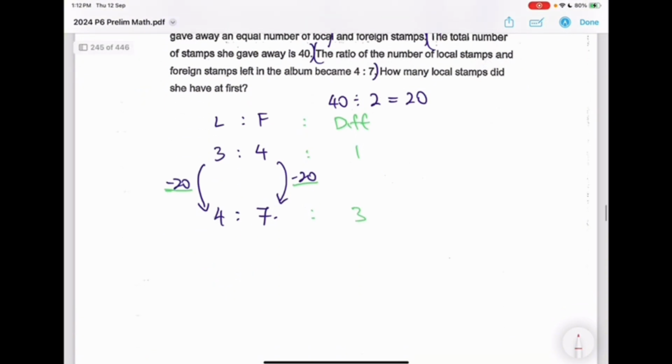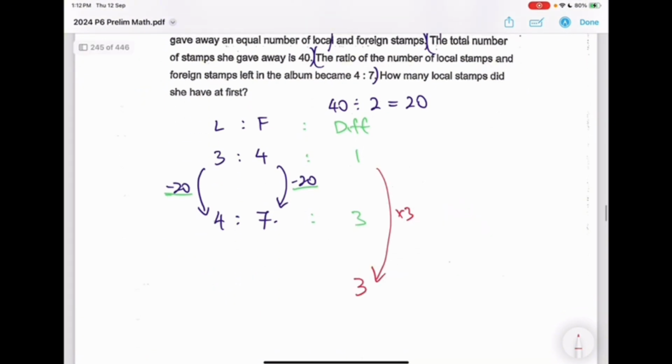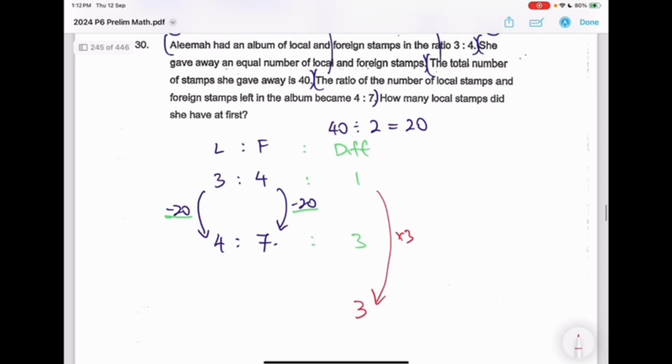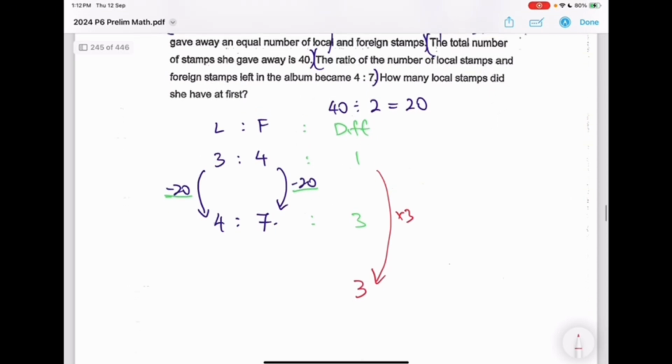What I want to do is to multiply the top by 3, and that would give me the same units as when she has given away some of her stamps. But when I do that to one aspect of the ratio, I have to do it to the rest. So going down, I have to do the same to my local and my foreign stamps, and multiplying them by 3, what I will get is 9 is to 12.